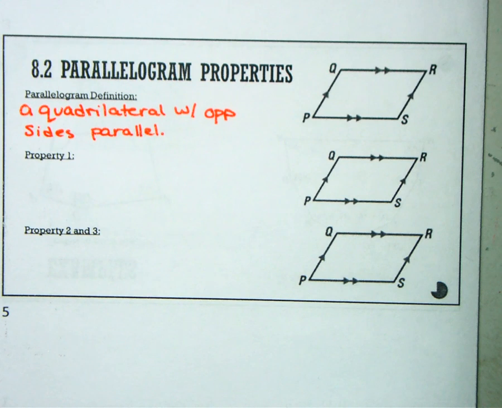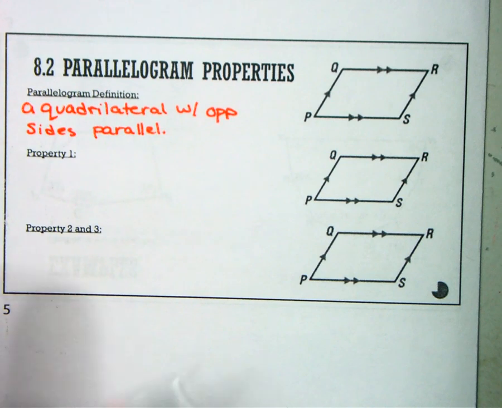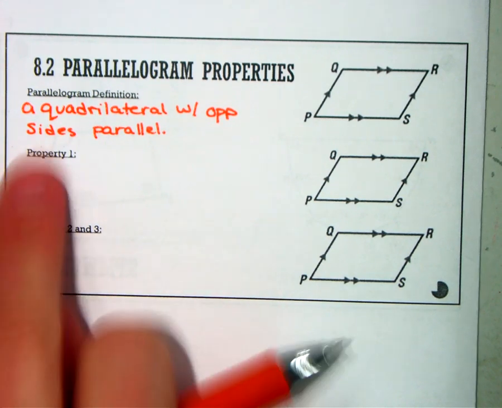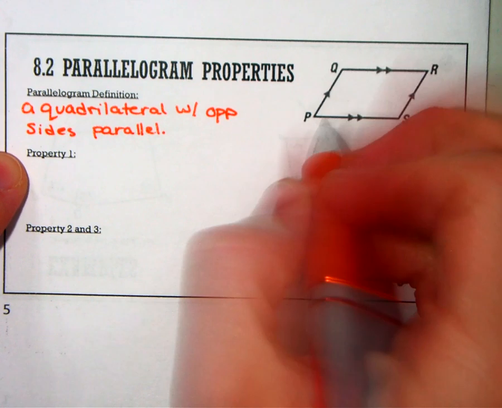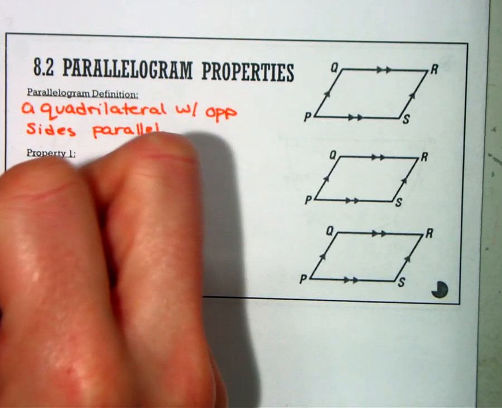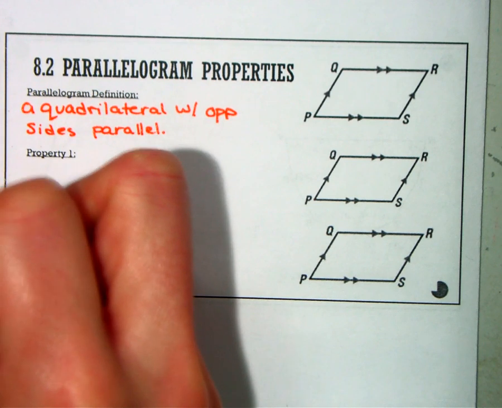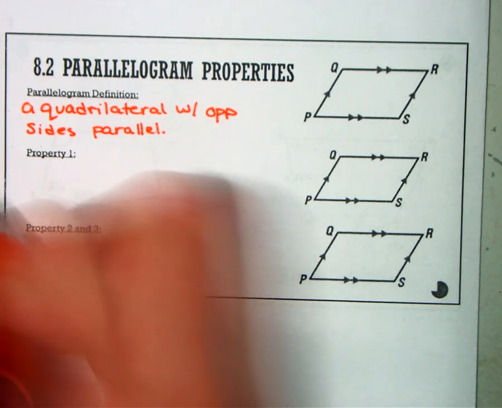So the most basic thing we can say is, number one, obviously the opposite sides are parallel. That's one thing that you need to know. But the second thing that comes from that is if these lines are parallel, that opens up the door for alternate interior, corresponding, and consecutive interior angles.